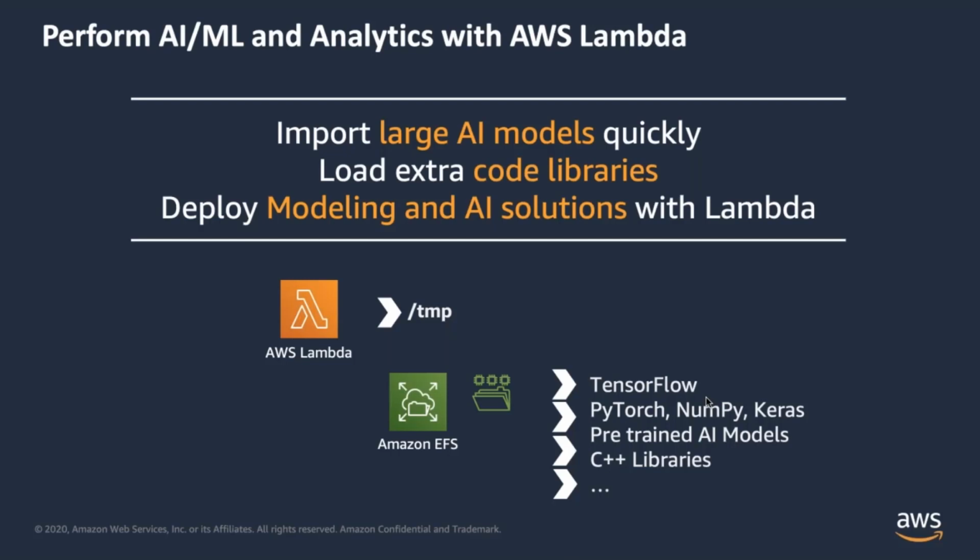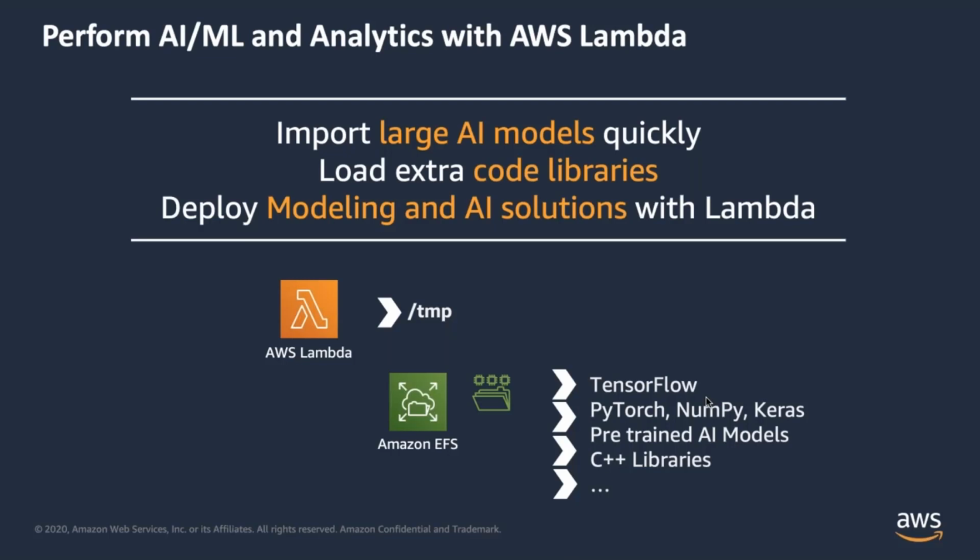So in Lambda, the property that a lot of customers are trying to use EFS to solve for is the fact that by default with Lambda functions, you have 512 megabytes of local storage to operate on. And in many cases, the ML inference file that you're trying to operate on or the ML libraries won't fit in that 512 megabytes of space.